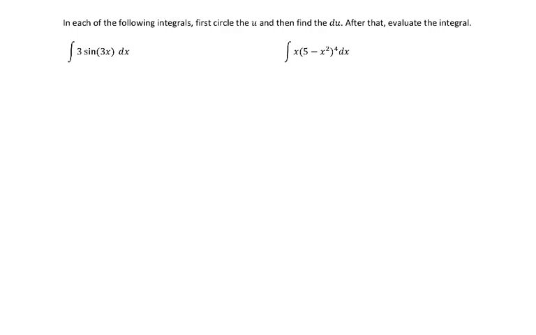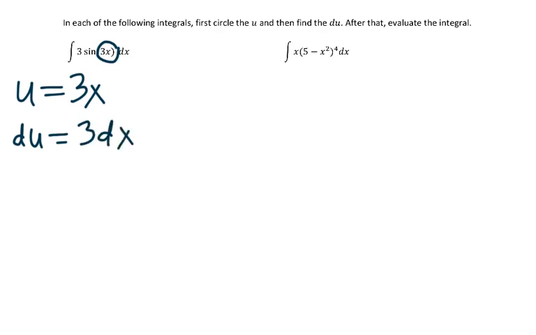So if I look at the first example here, I'm going to say u is just going to be 3x. Okay, so I see that there's this part here. If I take the derivative, du, that gives me 3 dx, right?